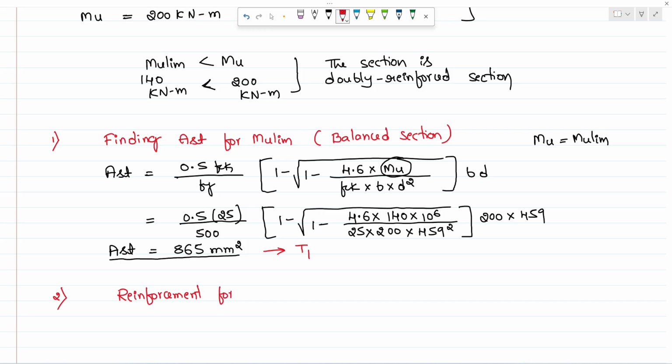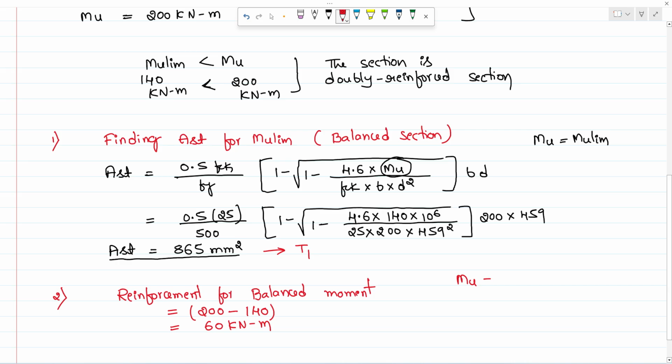Reinforcement for balanced moment. So what is the balanced moment? Your Mu is 200 minus Mu limit 140, so your balanced moment will be 60 kilonewton meter.